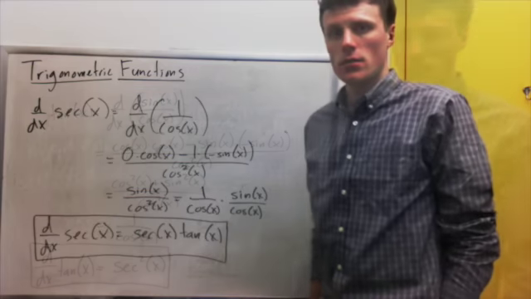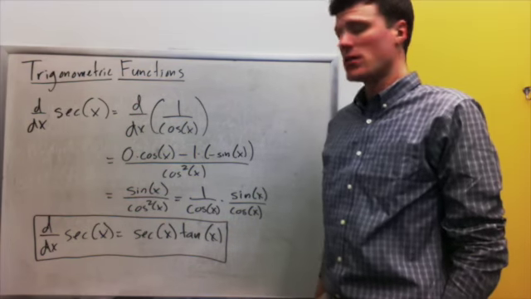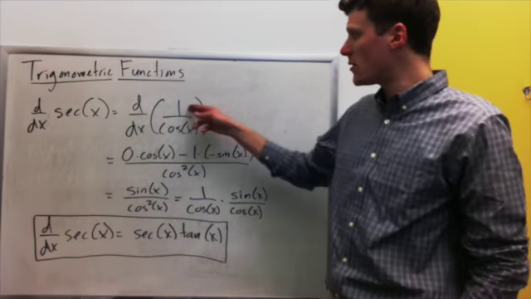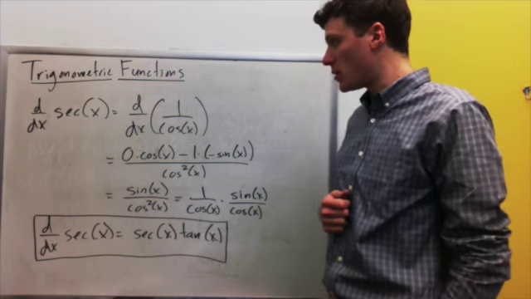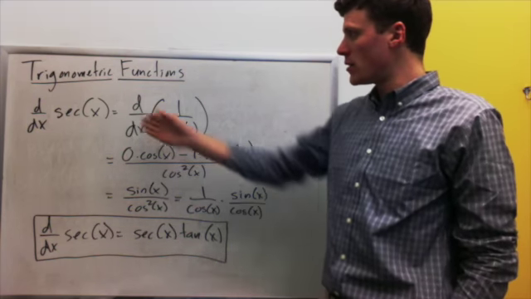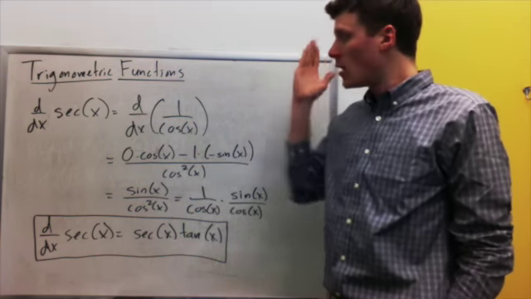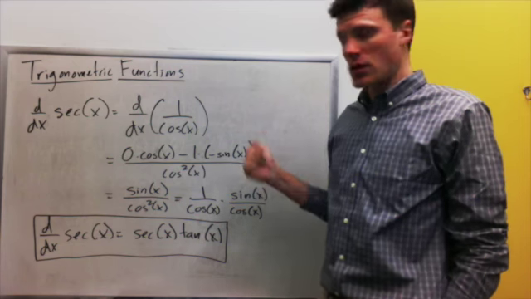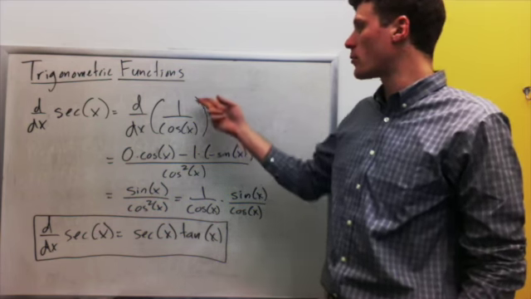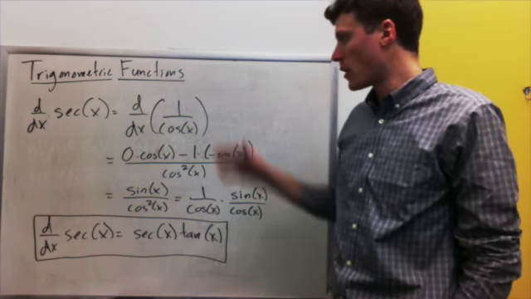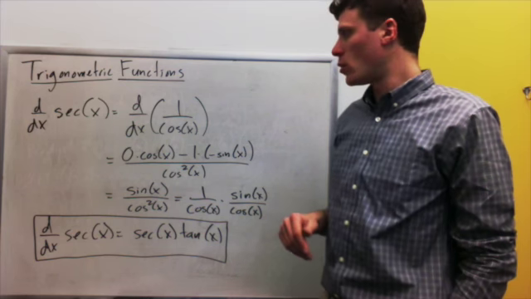Remember that. Let's also do secant. So what is secant? Secant is the reciprocal of cosine, as I just said. So the derivative of secant is the derivative of 1 over cosine. One nice thing about the quotient rule is it allows us to take the derivatives of reciprocals of functions, 1 over a function. So I go ahead.